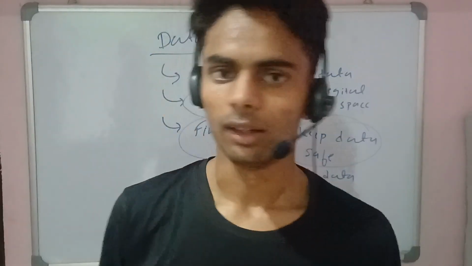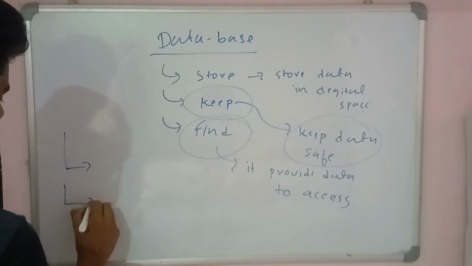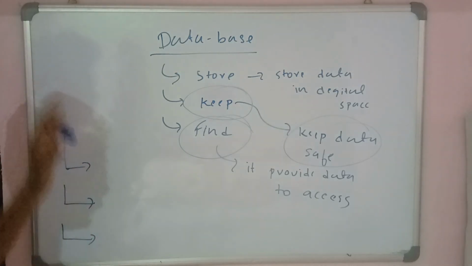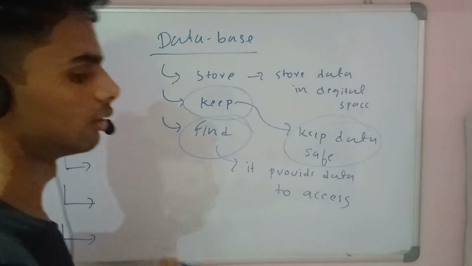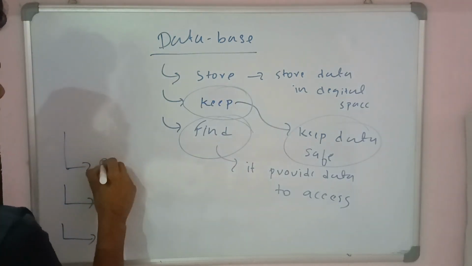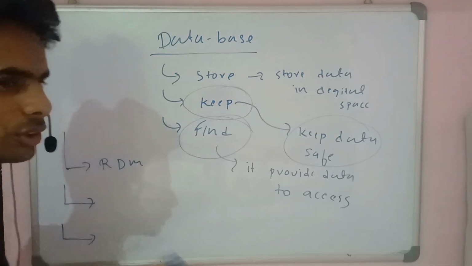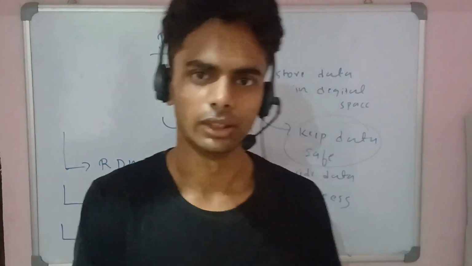Basically, databases are categorized into three main types. I think we need to discuss first the database management system, the DBMS.